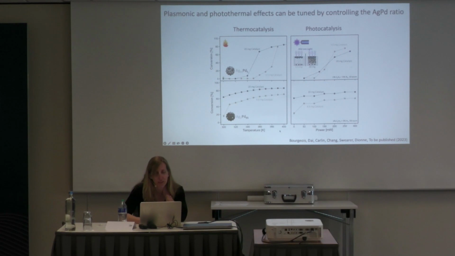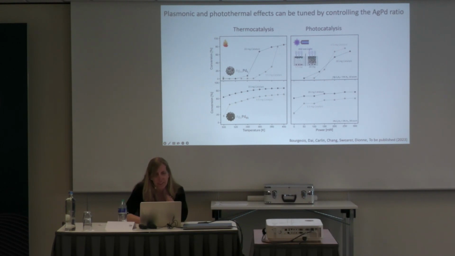As we change the temperature, you can see that with less catalyst, in this plot you saw on the previous slide, when we have a large amount of silver and a very small amount of palladium in each bimetallic catalyst, the conversion goes down. But when we have a large amount of palladium and a small amount of silver, even though the conversion is a little bit lower with less catalyst, it remains almost constant with temperature. So here we're able to keep the conversion yield almost constant.